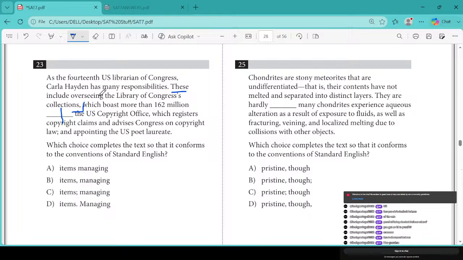But the dependent clause does not end there. If you read the context, this until items is an appositive phrase, so you can just ignore that.